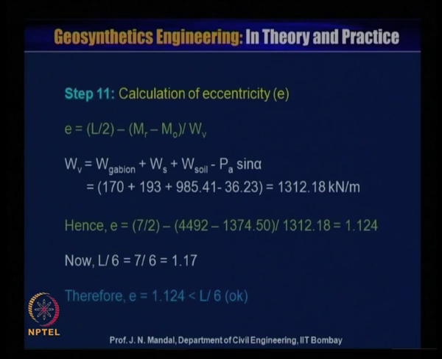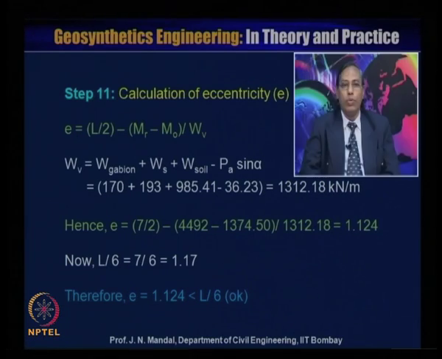Step 11, the calculation of eccentricity E. So you know that E is equal to L by 2 minus Mr minus M0 divided by W of V. So W of V is equal to W of Gabion plus W of S plus W of soil minus Pa sin alpha. So W Gabion is equal to 170, Ws 193, W soil 985.41 and Pa sin alpha is 36.23.